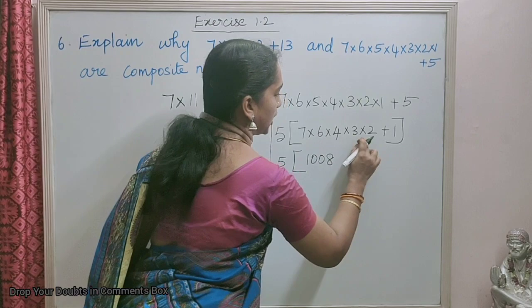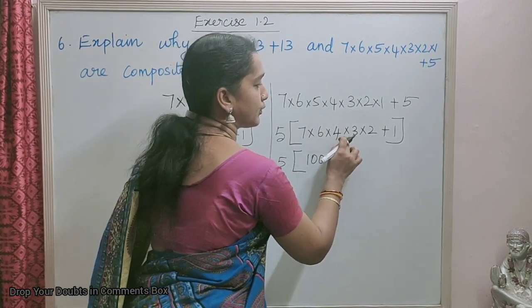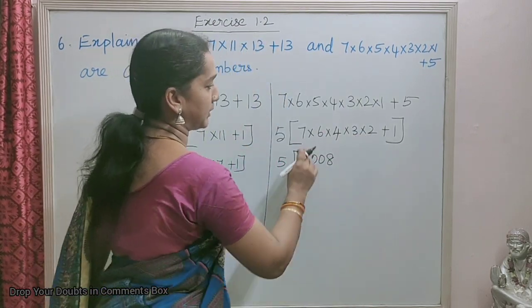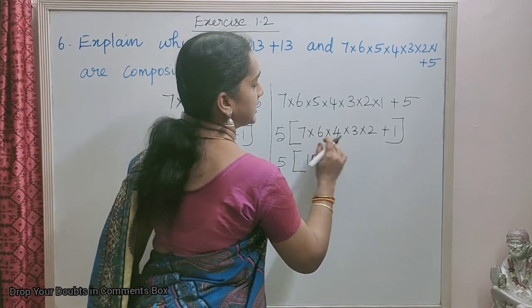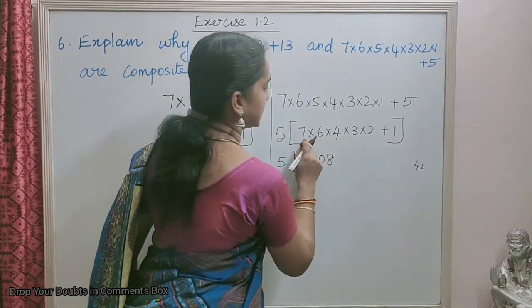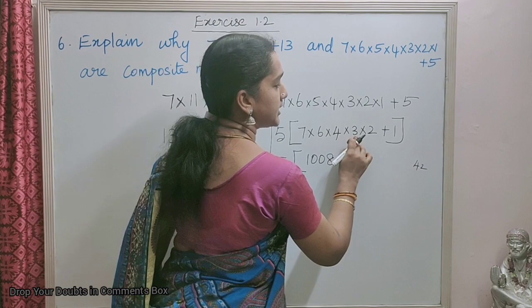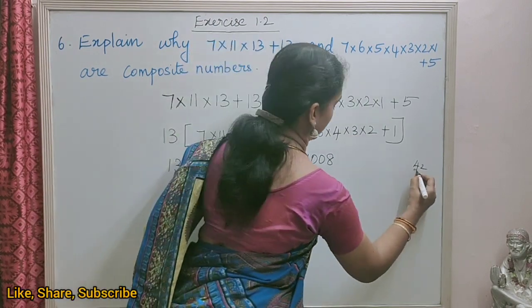When I multiply all these things, 7 into 6 into 4 into 3 into 2: 7 6s are 42. 4 3s are 12. 12 2s are 24.